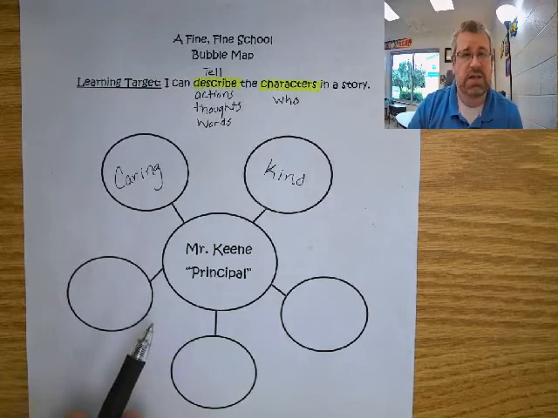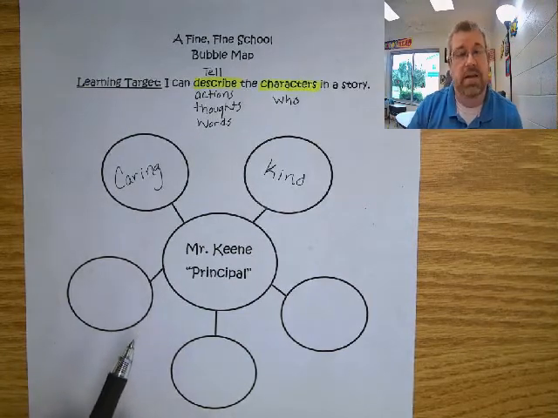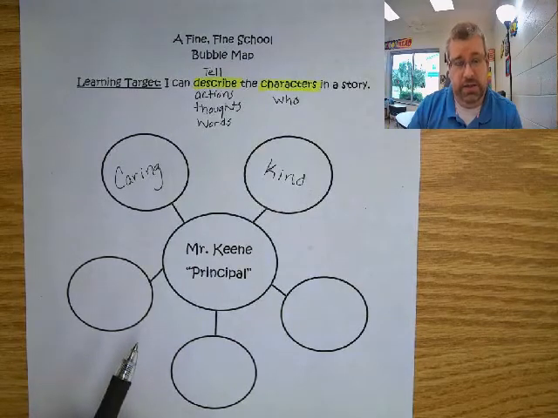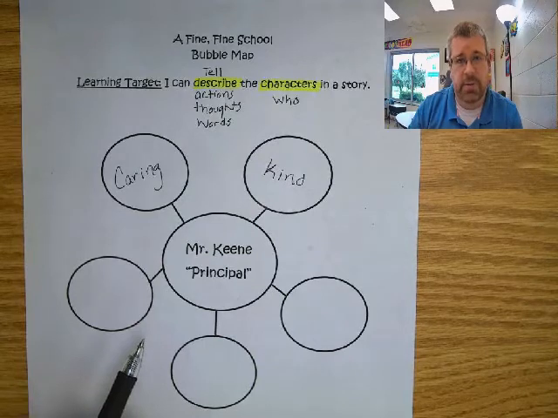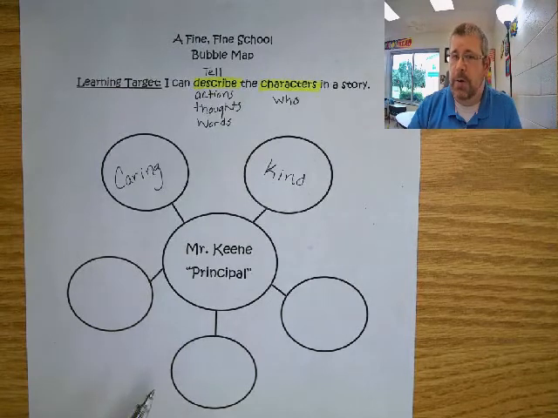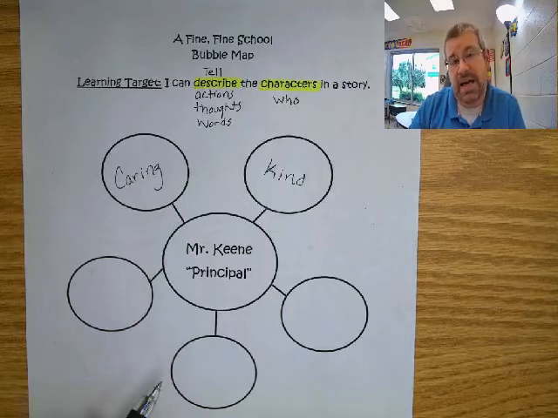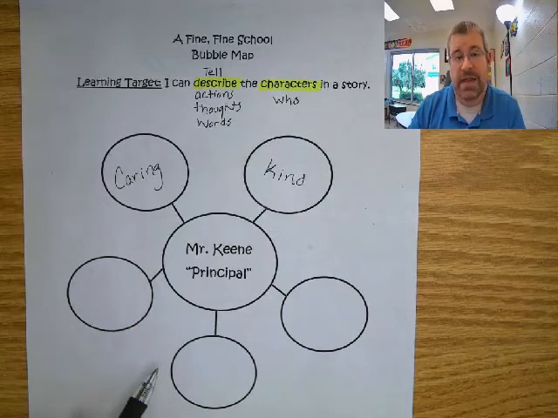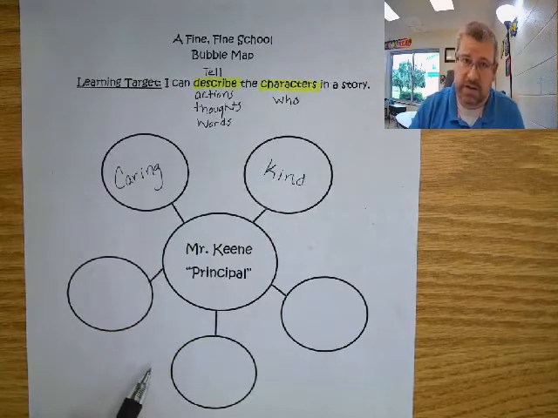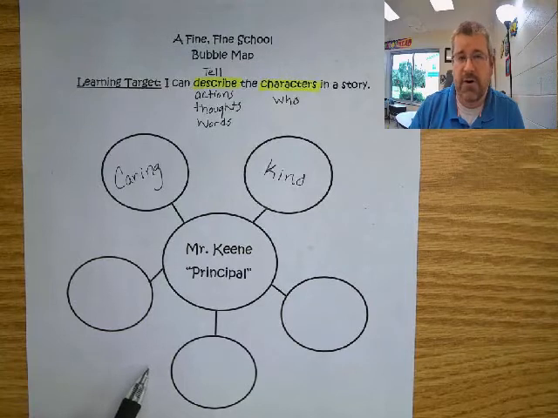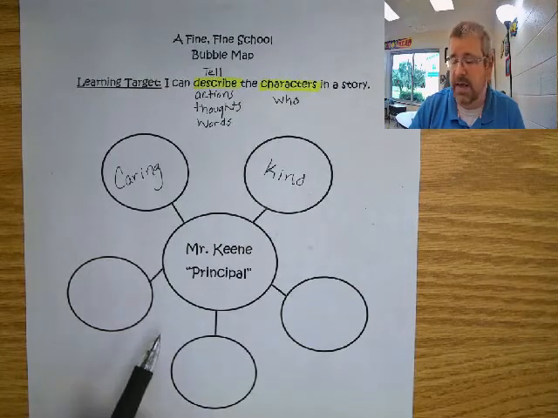On the weekends, on holidays, during the summer, he wanted to have school because he thought that his students and teachers, being such fine, fine people, would get a lot out of being there all the time. But they didn't necessarily agree with that. But they didn't want to say anything because they cared about his feelings. They didn't want to hurt his feelings. They didn't want to see him upset.